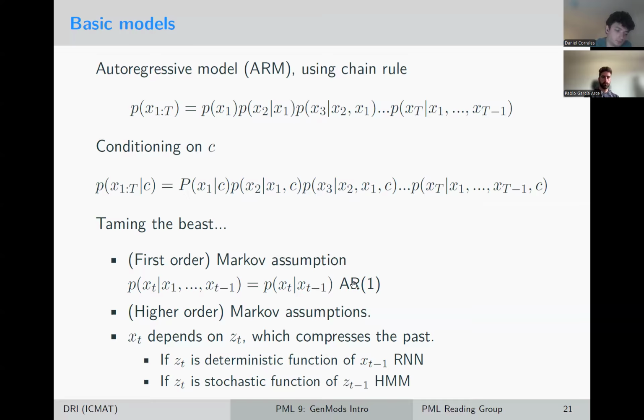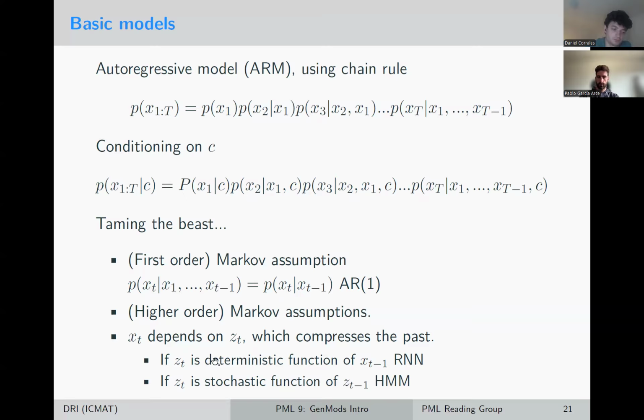This is a classic model in the literature, an autoregressive model of order one or order Q. There are other ways to make the observations depend on the past through latent variables, like state space models and so on.